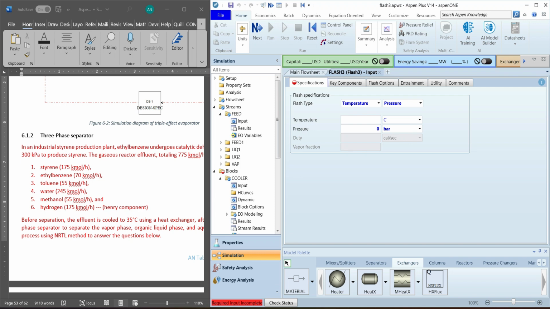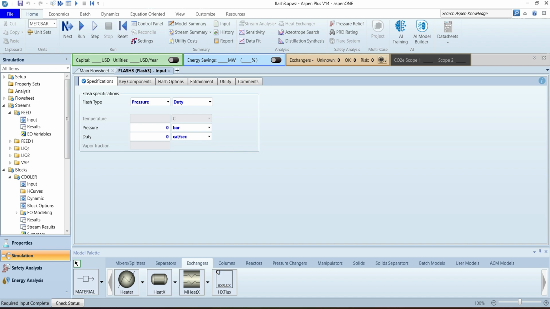It's common practice not to provide any heating or cooling jacket, so we can assume that there is no duty for the Flash3 block to mimic the adiabatic effect of the flash separation. So with this, we can run the simulation. Let's save it first and then we can run it.